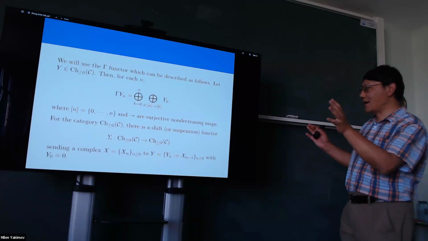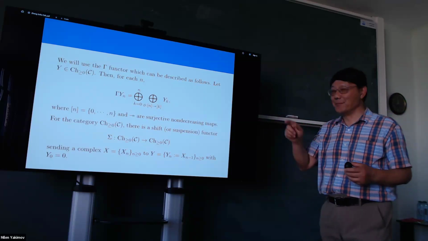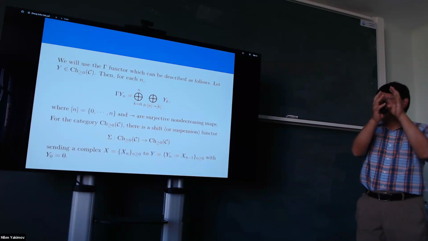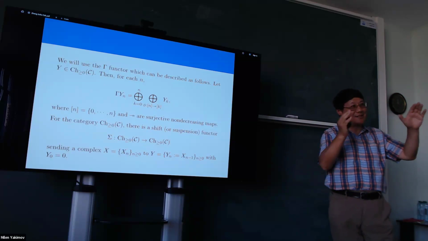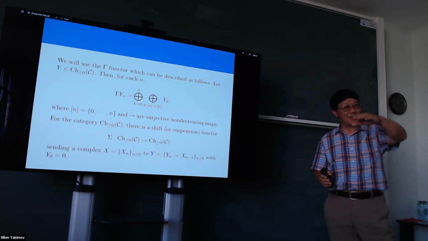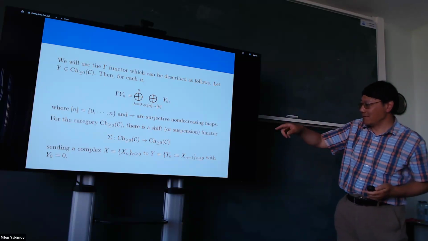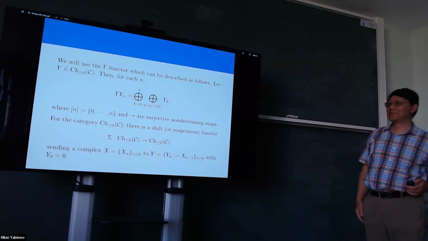It's kind of complicated, but basically that's the formula. Remember the simplicial object has different levels, n equals 0, 1, 2, and so on. So I'm just telling you that level n is defined by this. Okay, that's the top formula.